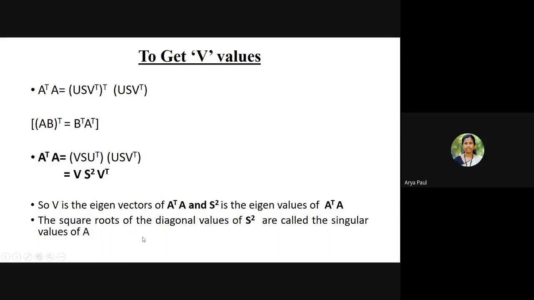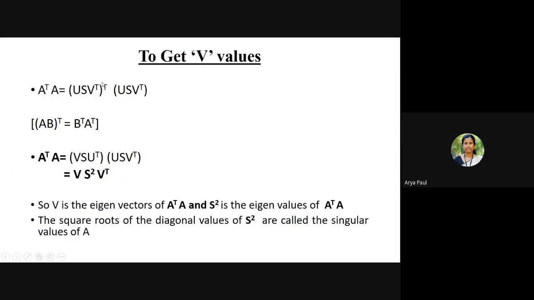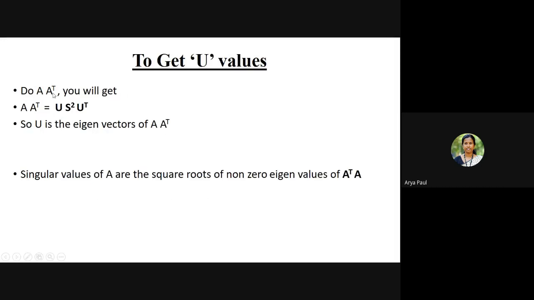Now, how to get the U values? In order to get the U values, you do a similar procedure. To find the V values, you did A transpose into A. In order to find the U values, you do A into A transpose. You are post multiplying A with A transpose.